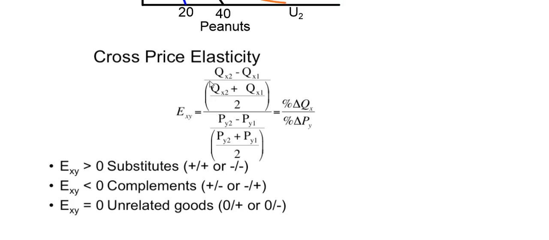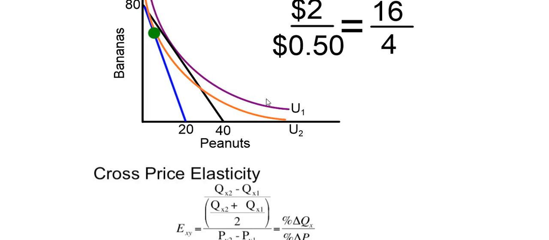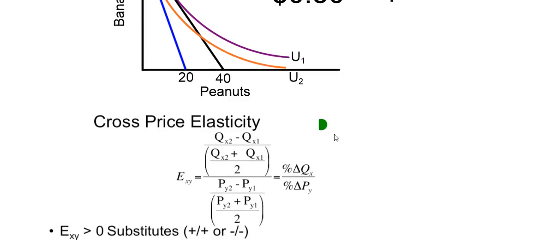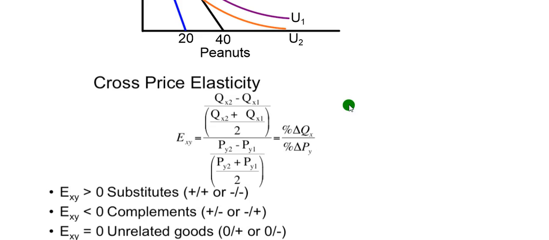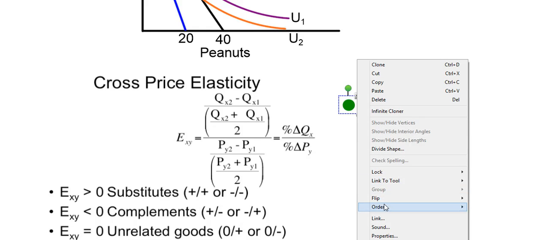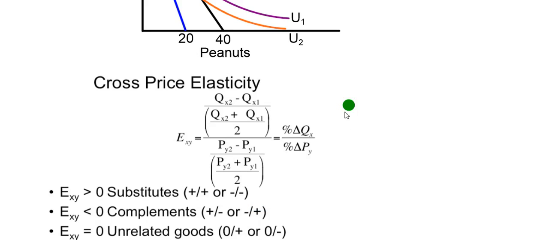And once again, if you look at this point right here, let me move it to the front. There we go. So this part right here, they're actually taking the average.